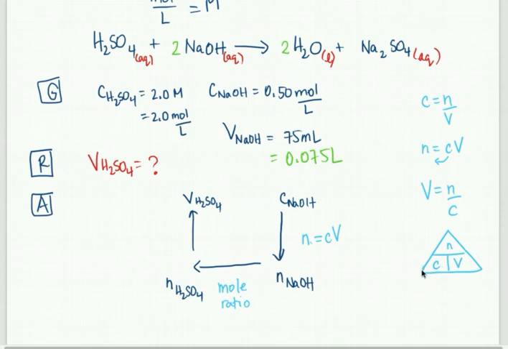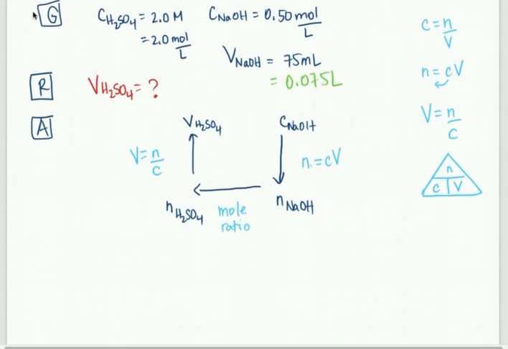It's good to be able to rearrange, but if having these visuals works, that's fine as well. So we're going to write that in here to remind ourselves that in that last step, we're taking the amount and dividing by the concentration.